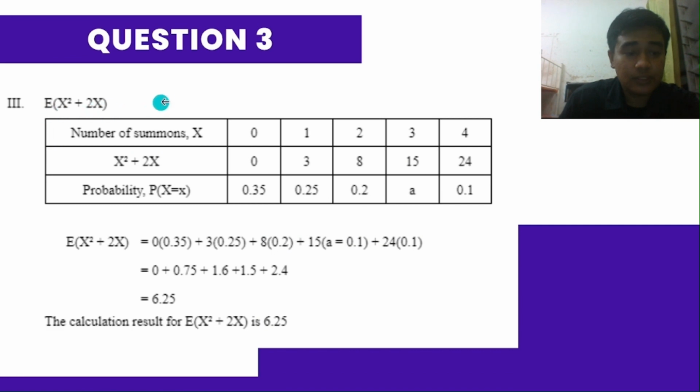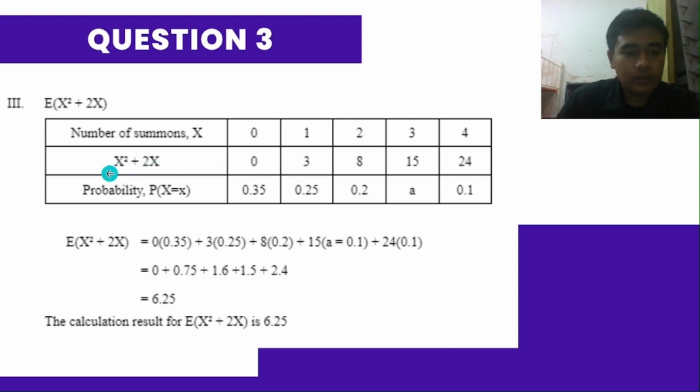For the third question in question B, we need to calculate E(x power of 2 plus 2x). The way we do this is by taking the values of x, which are 0, 1, 2, 3, 4, in the table, and inputting them into the formula to get the right amounts.